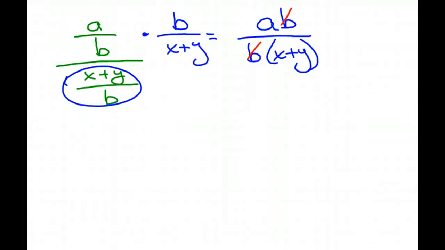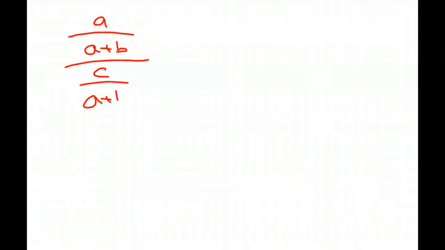Okay, let's do another one with just letters. A over A plus B, all over C over A plus B. Go ahead and try that one. One thing that you can see on this one is your denominators are the same.